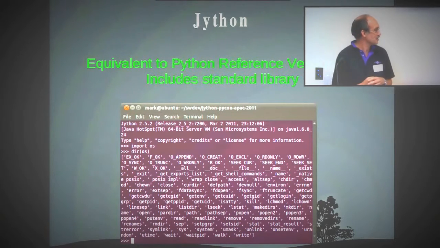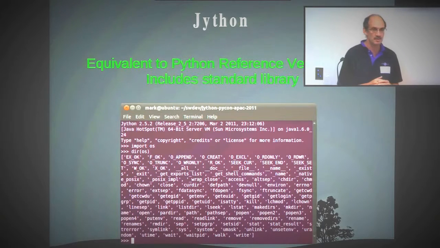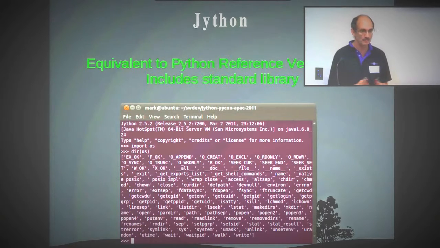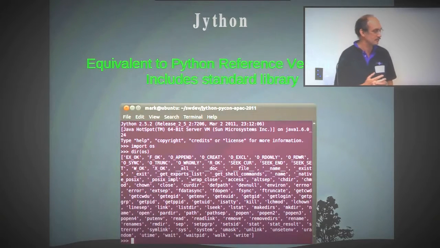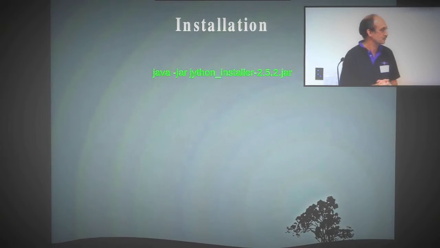Describing Jython is, it's just like Python. You get a standard library with it. As you can see on the console there, it works exactly like Python. So the only difference is it's running inside the Java virtual machine. It's not that hard to use.